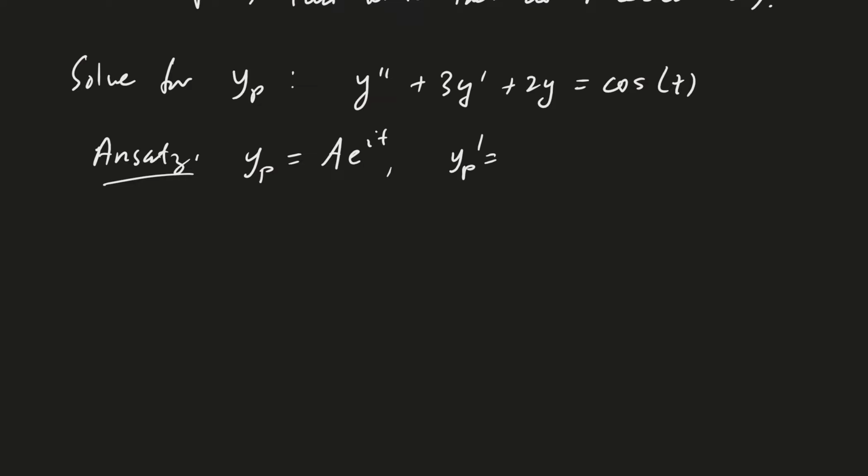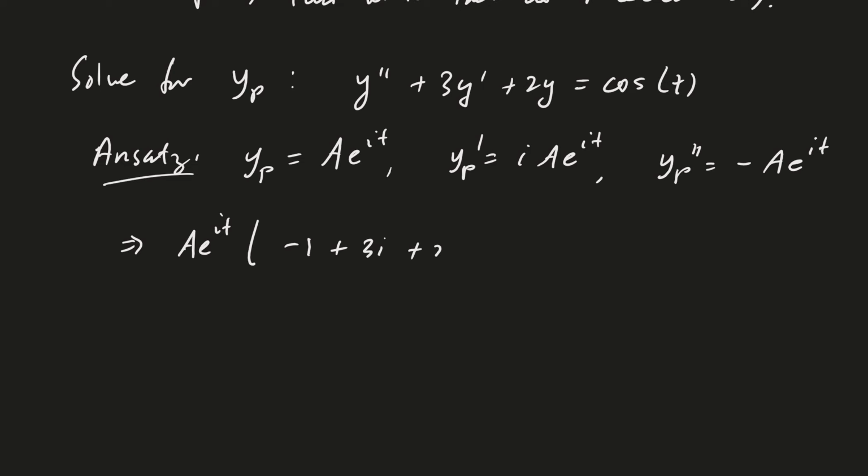Yp prime is i times a e to the it. Yp double prime equals minus a e to the it. Plug those into your differential equation and factor out the e to the it: minus 1 plus 3i plus 2 is equal to e to the it. Good. So the e to the it's cancel, and a is equal to 1 over 1 plus 3i.